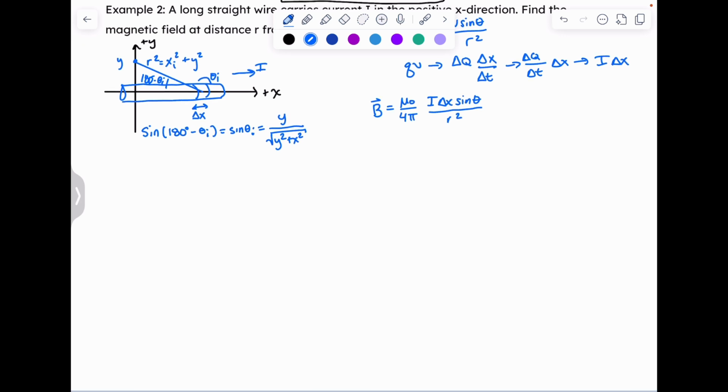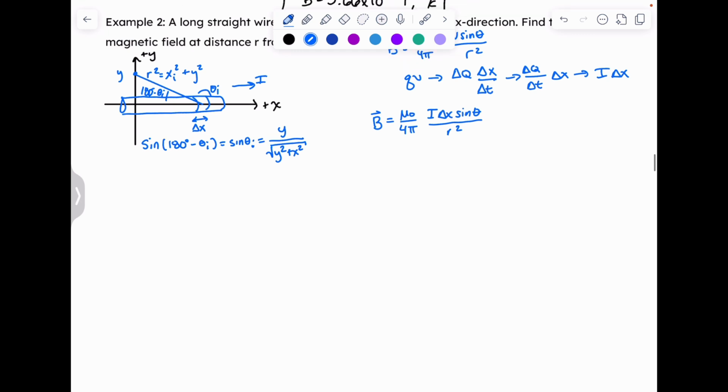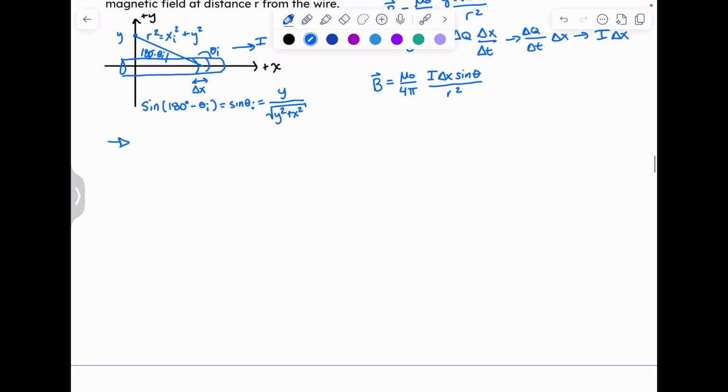So if I have my little tiny chunks of X, my little tiny chunks of current carrying wire, each little tiny chunk we're going to call a B i, is mu naught over 4 pi. We have I delta X, and that's going to be over R squared. So we're going to call that y squared plus xi squared.